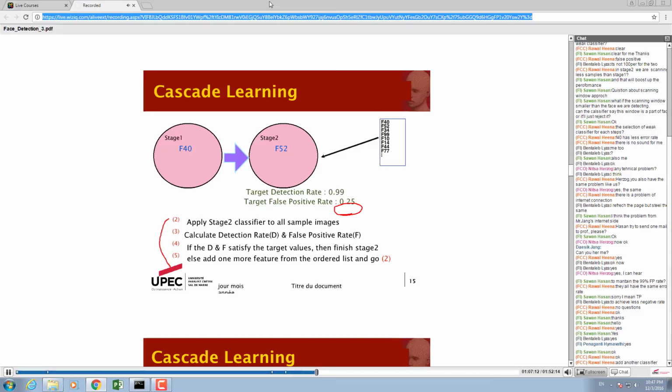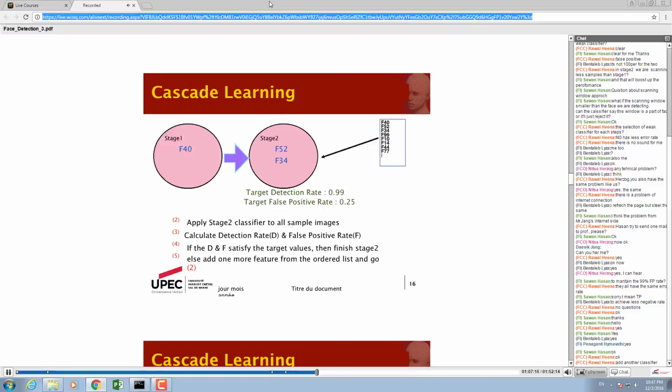In stage 2, because the false positive rate target is much smaller than in stage 1, we may need more features. So it doesn't satisfy, and we repeat by adding one more feature. We added weak classifier F34, so now stage 2 has 2 weak classifiers. And then we follow the steps again.